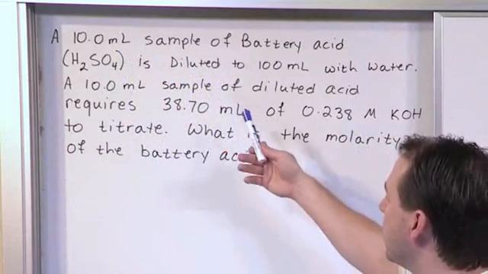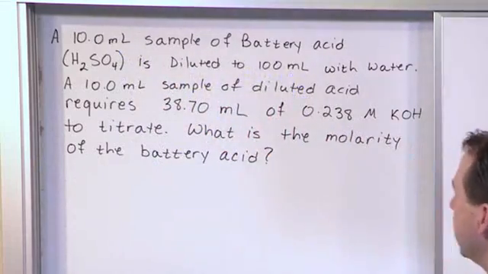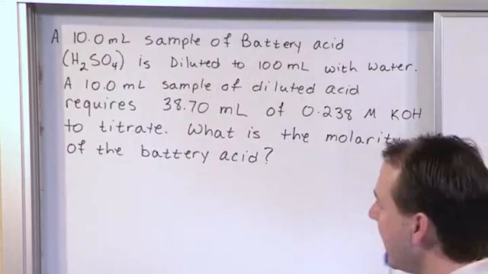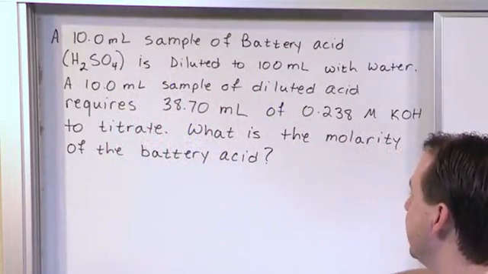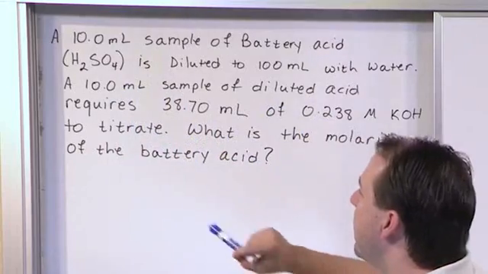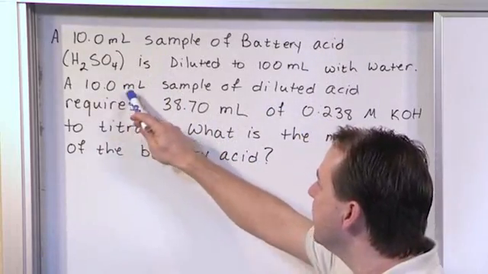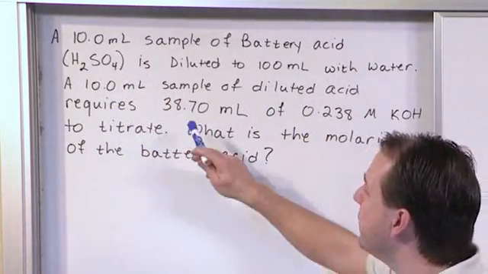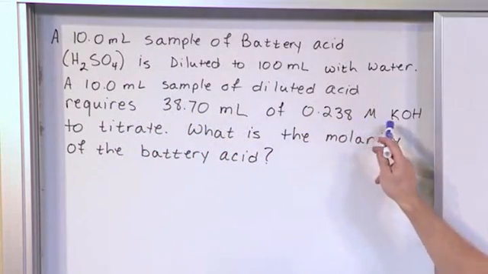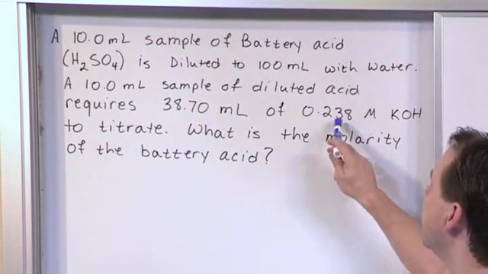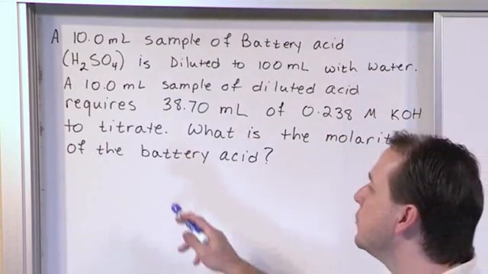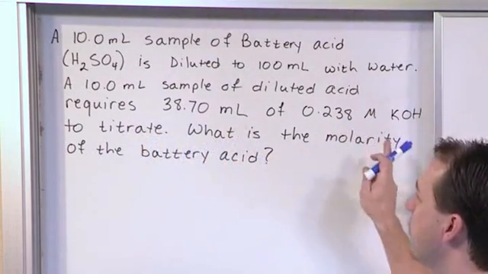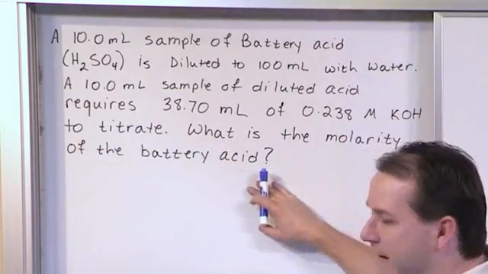In other words, we add water to it and bring it up to 100 milliliters with water. After we do that, we take 10 milliliters of this diluted sample, of this diluted acid, and we find out that little 10 milliliter sample requires 38.7 milliliters of 0.238 molar potassium hydroxide solution in order to titrate it. The question is, what is the molarity of the original battery acid?